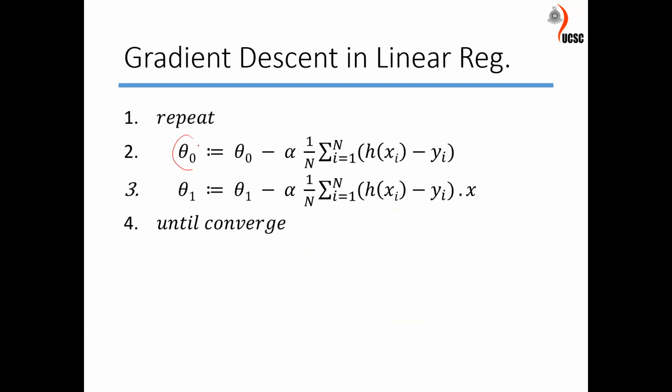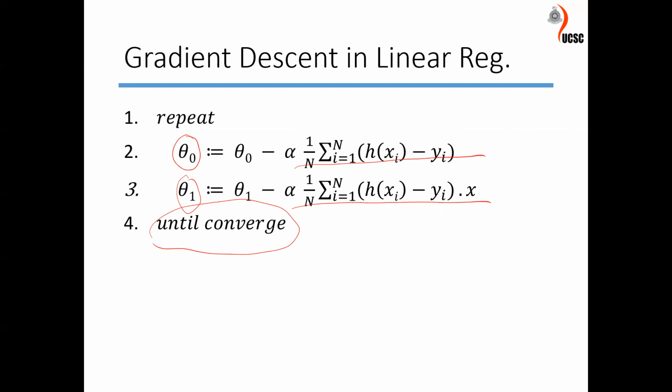So you can simply update theta naught by this, then you can update theta 1 by this. You need to do this until it converges to some place. So it will converge on theta naught, then it will eventually converge on theta 1.